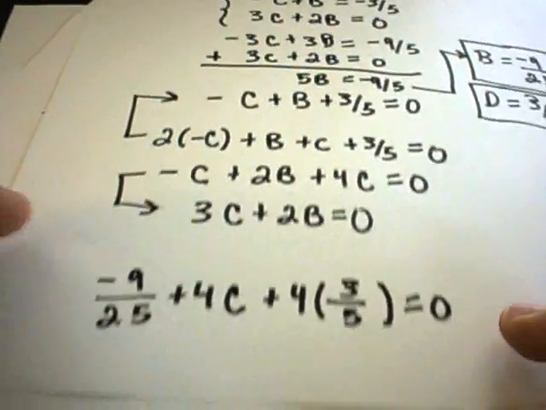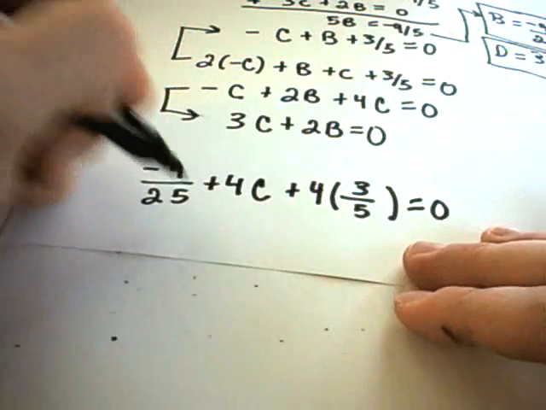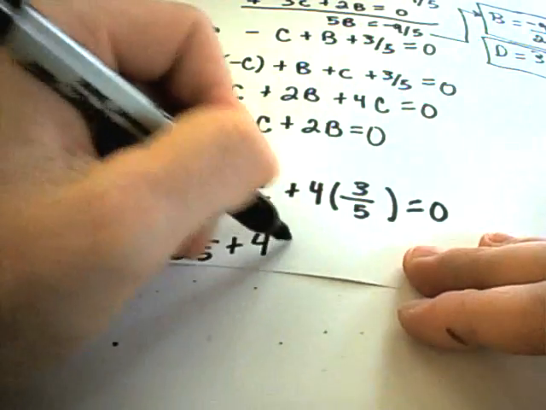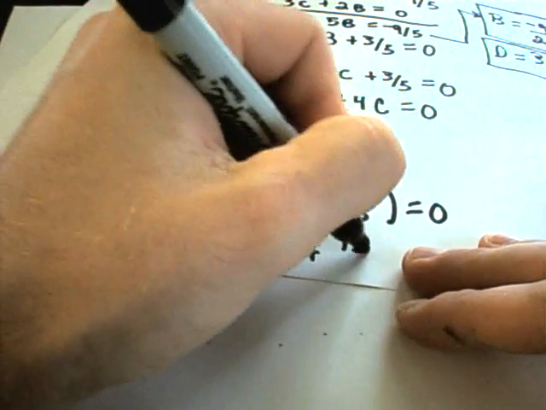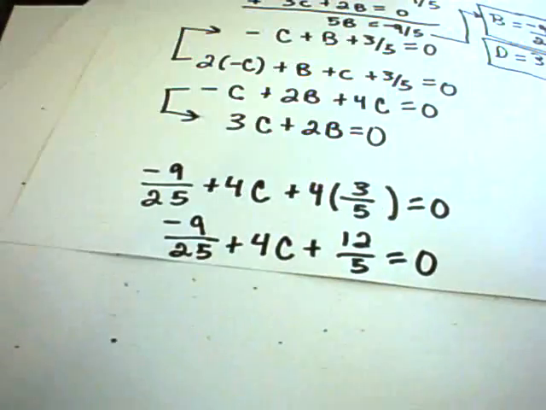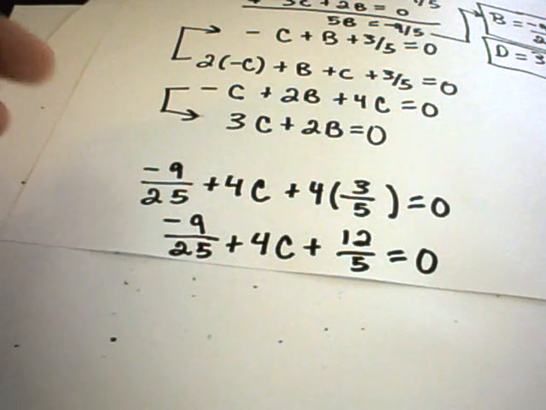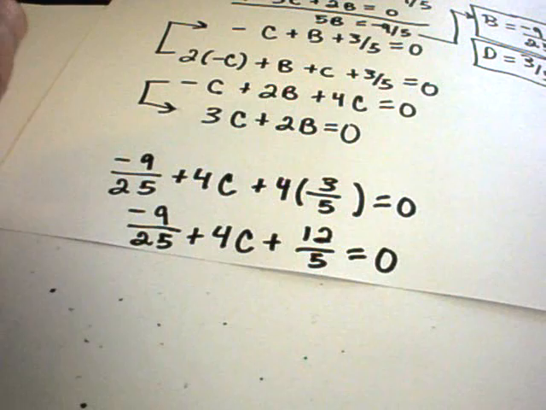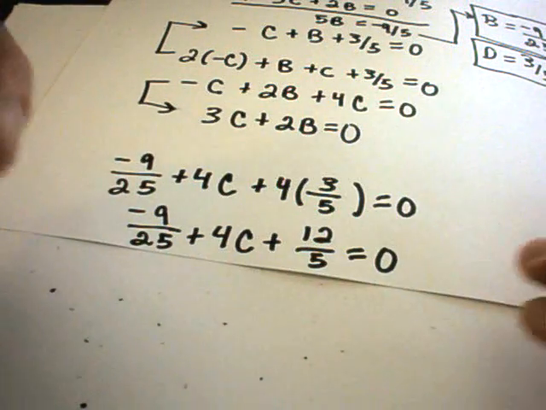So this is just a little tedious arithmetic now. So -9/25 plus 4c plus 12/5 equals 0. So this is more just an algebra review at this point, but just to show you one long example to show you how long it can be and how it's done.